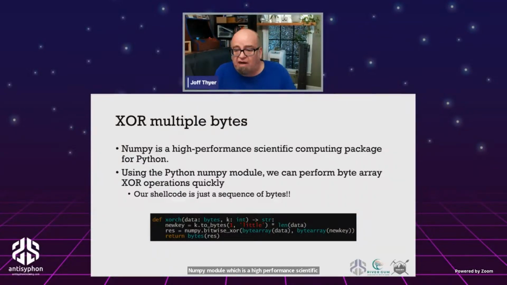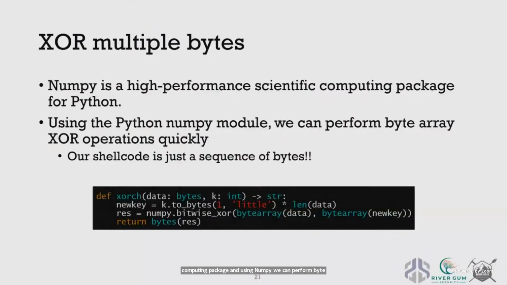And using NumPy, we can perform byte array XOR operations very, very quickly. Now, for your shellcode artifact that you deliver into the target, though, you don't want to use NumPy, because NumPy is a third-party module that you want to install. So your decryption would have to use just traditional Python mathematical operations.